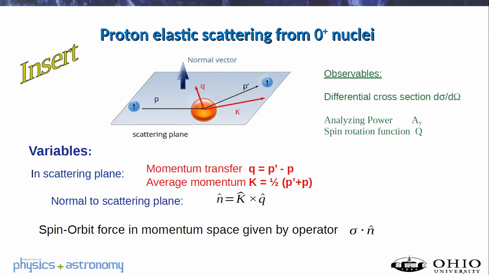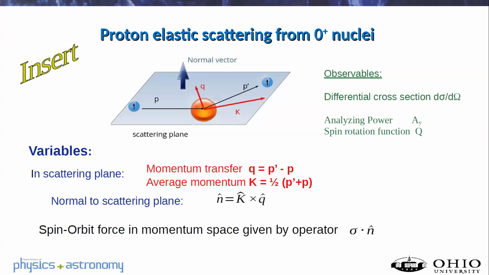The observables which you have, aside from total cross sections and total reaction cross section, are the differential cross section, d sigma d omega, and you have the analyzing power and the spin rotation function. The analyzing power measures, in the experiment, the spin aligned perpendicular to the scattering plane, and you measure spin up minus spin down over the sum.